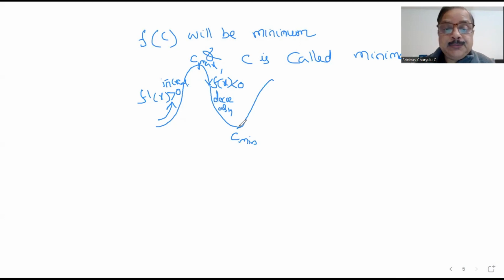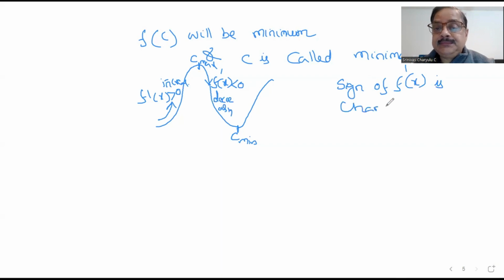So when you are reaching this point c minimum, and when you are reaching the point maximum c here, what we are noticing is the sign of your f dash x is changing through c when you are traveling through c.